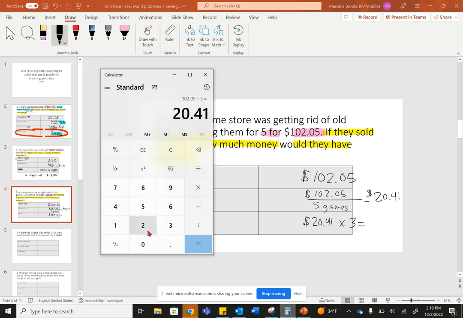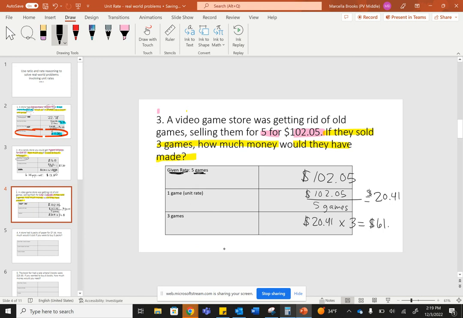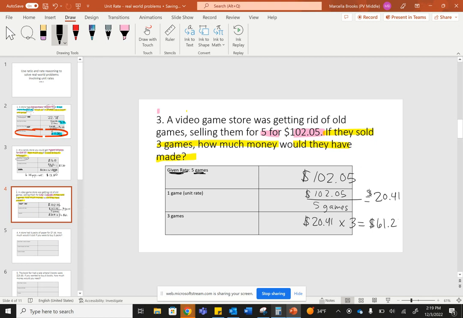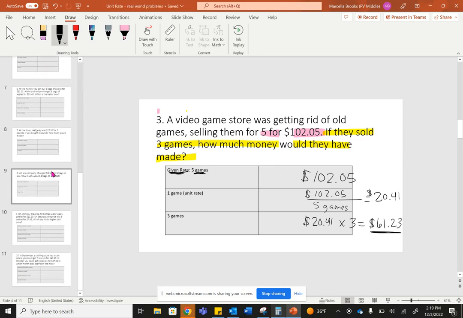So $20.41 times 3 equals $61.23. So if they sold 3 games, they would have made $61.23.